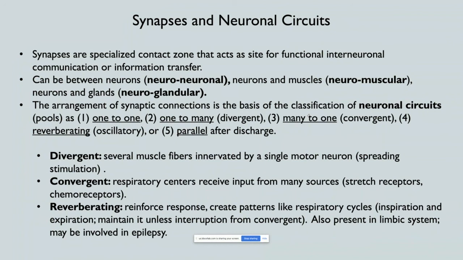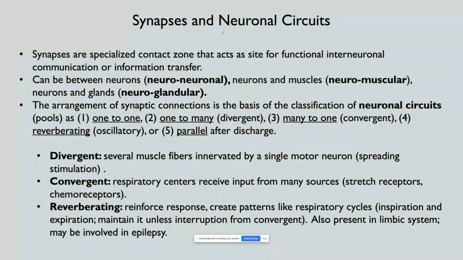The arrangement of these synapses is what makes us classify the circuits, in the same way that in electronics you have circuits that are in parallel, in series, etc. We have several circuits in the body. They are called neuronal pools or circuits. And this is the classification. We are going to be seeing examples of these.